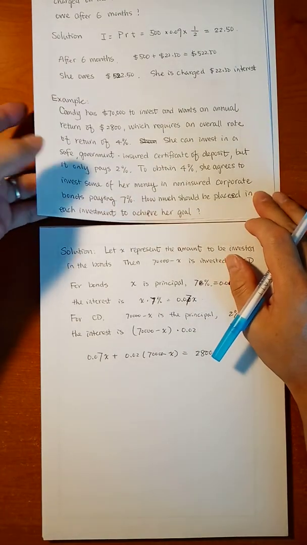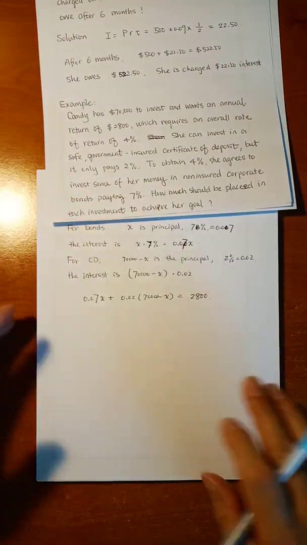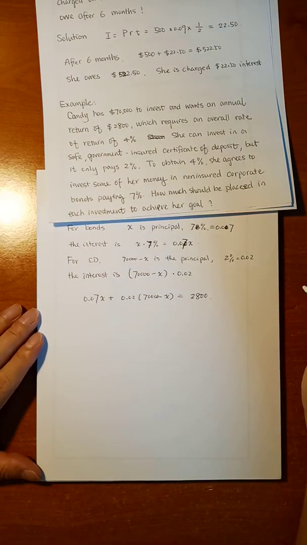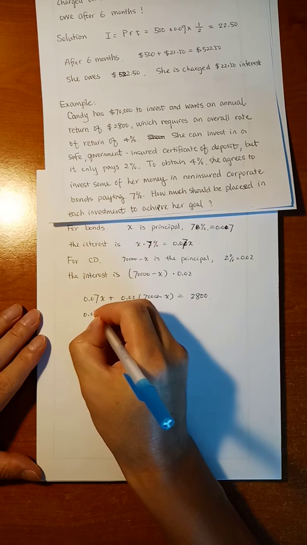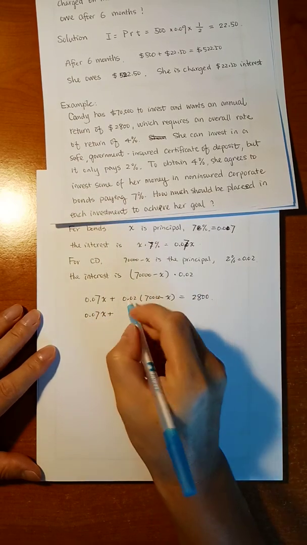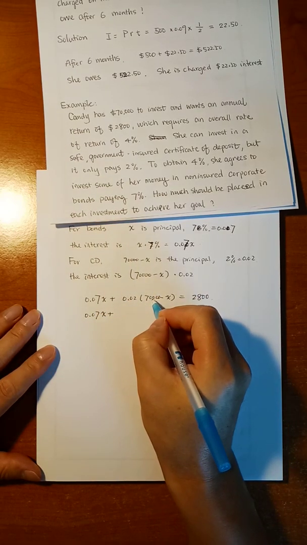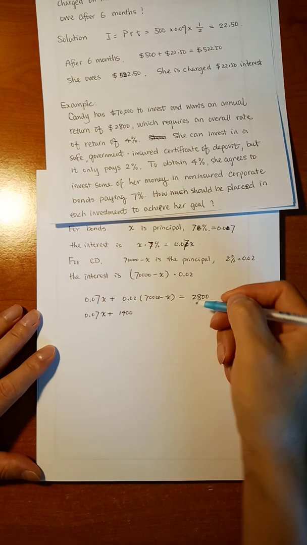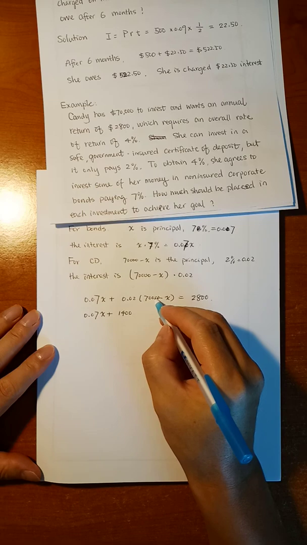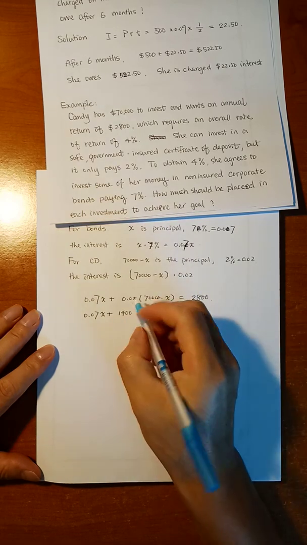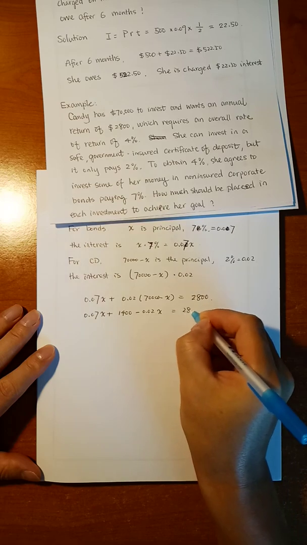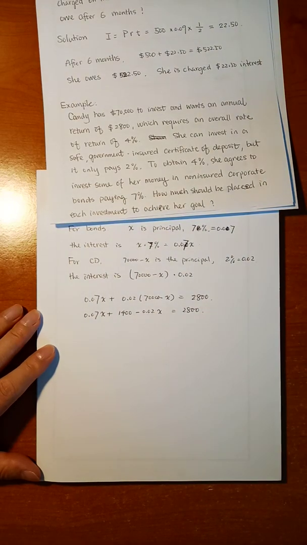In this equation there's one variable, so let's solve for it. 0.07x plus 0.02 times 70,000, which is 1,400, minus 0.02 times x is equal to 2,800.